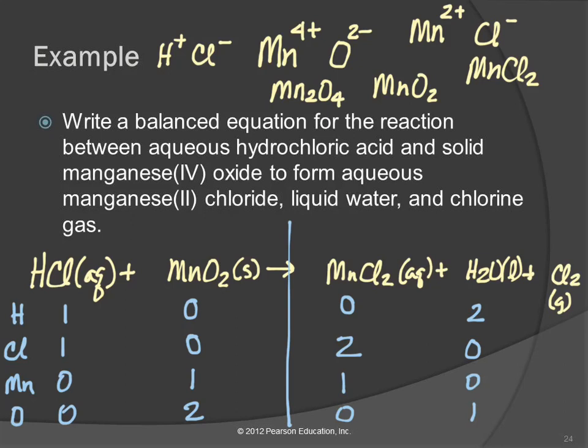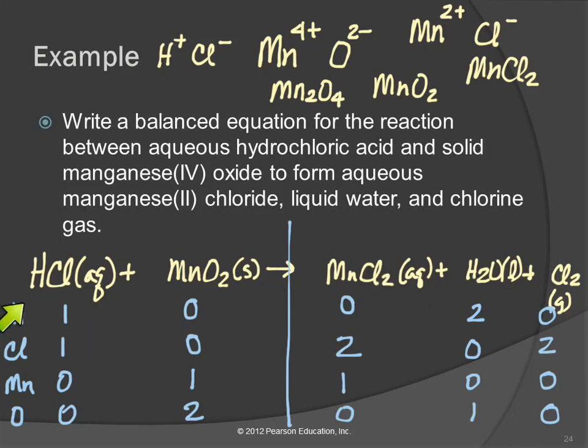And over here on this guy, I've got no hydrogens, 2 chlorines, no manganese, and no oxygen. Because things are getting all jumbled up in this one, aren't they? This one's more complicated. So writing these out can help us to see what we're dealing with. Here we have chlorine all by itself, and so we may want to leave chlorine for last.